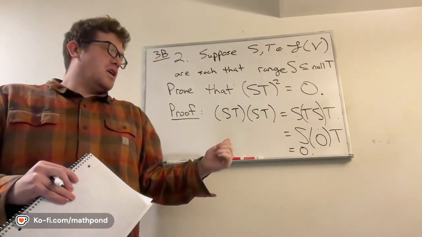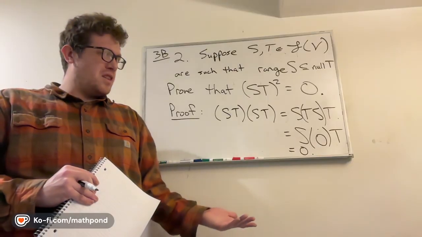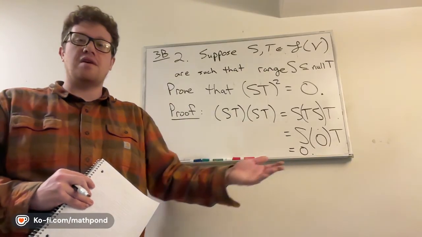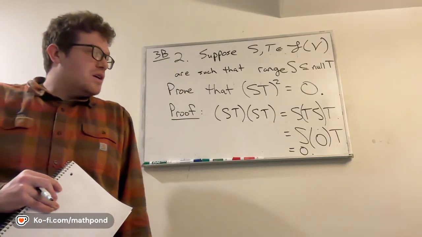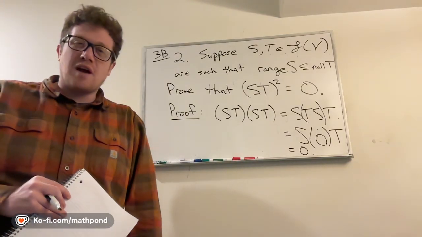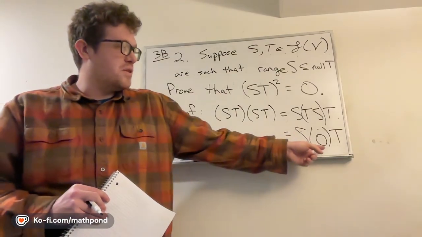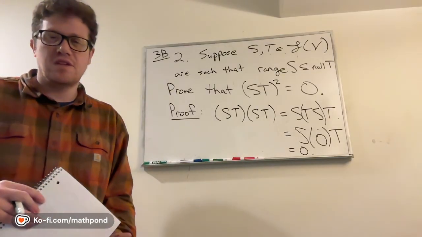And you can also prove that if you compose any function with the 0 function, then that's also 0 because everything gets sent to 0 and then 0 goes to 0 under every other linear map. So yeah, I guess you kind of have to be careful here because we didn't really technically check that S times 0 times T is 0, but yeah, you can show that pretty simply.